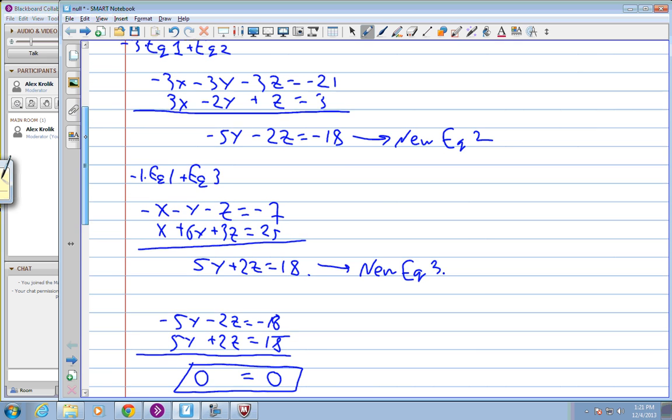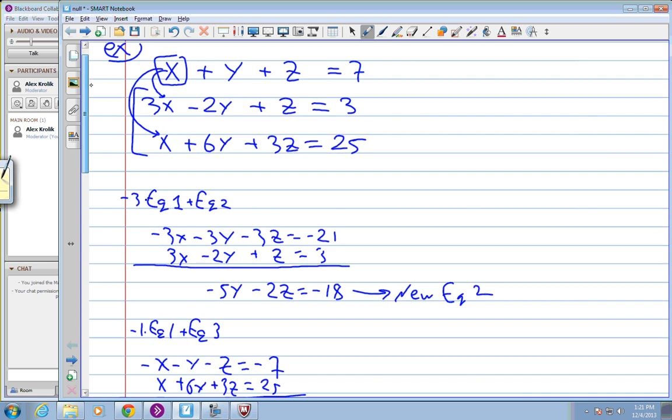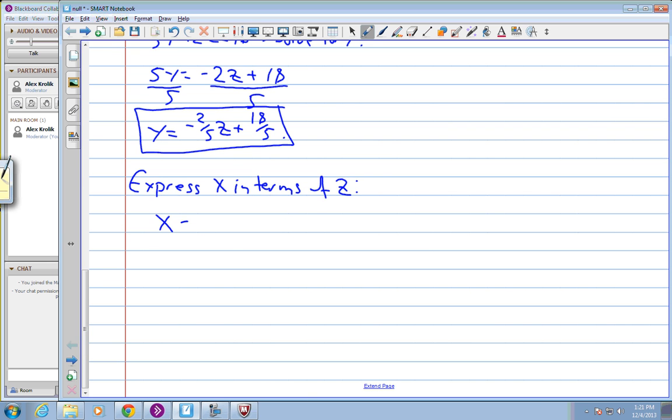If I go back to my very first equation, x plus y plus z equals 7, and I can do the substitution, y is this now, I can solve for x in terms of z. So I just replaced y with the expression that we just found.